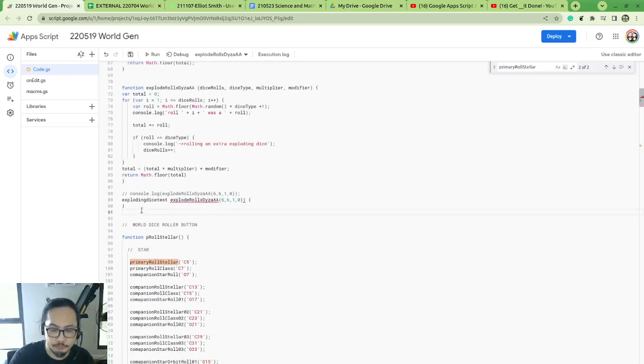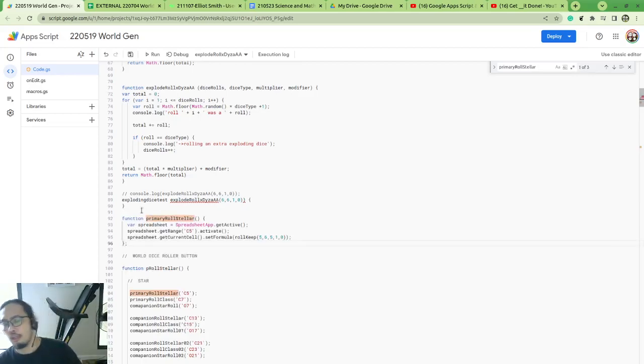Function roll this. Roll exploding dice. Why is that C5?